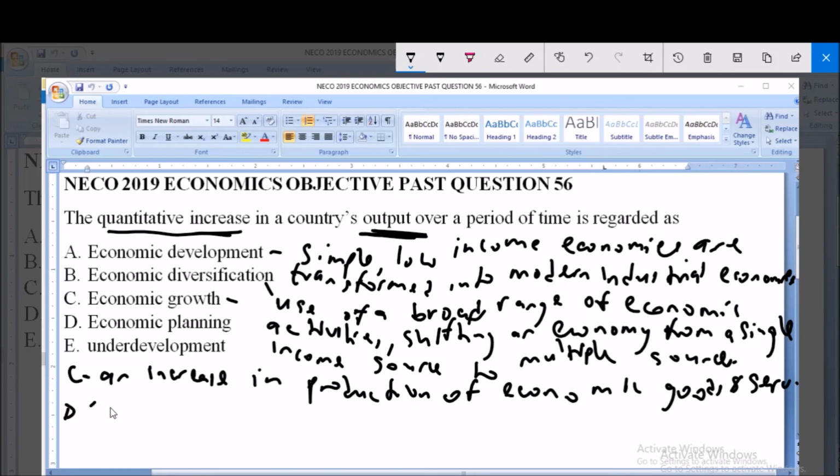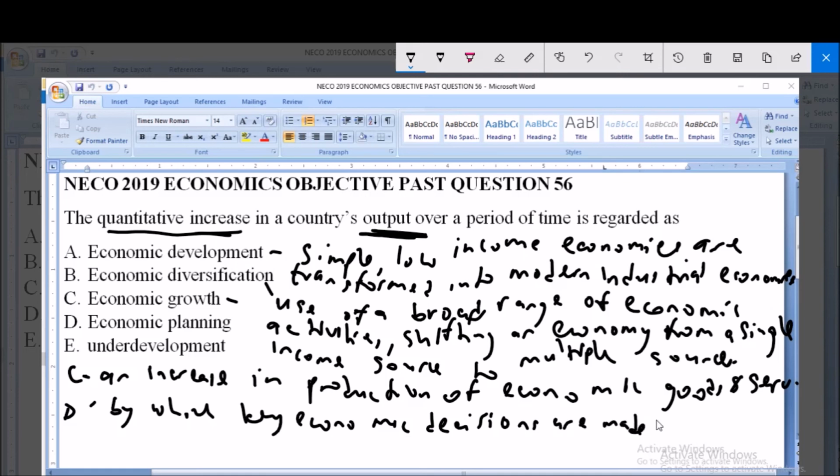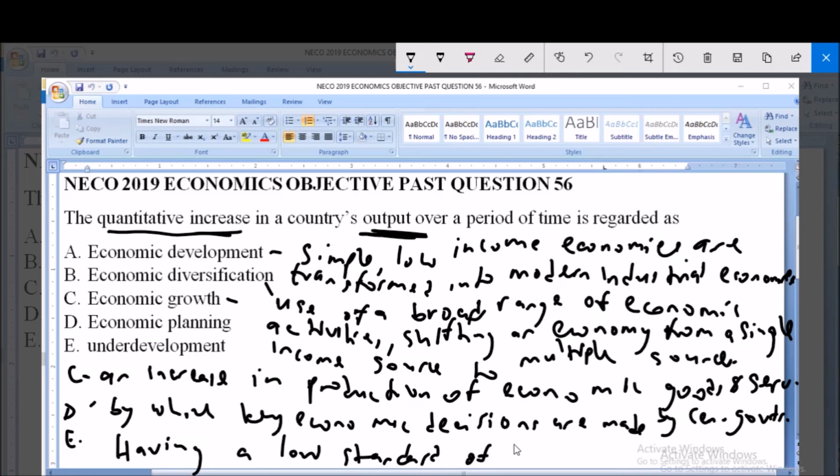Option D, which is economic planning, is a process by which key economic decisions are made by central governments. And lastly, option E, underdevelopment, is basically described as having a low standard of living.